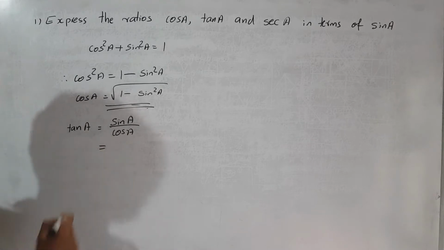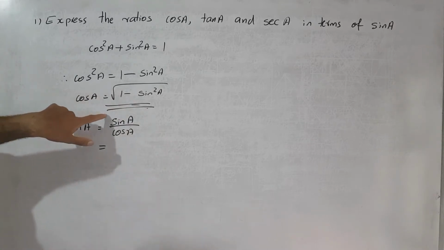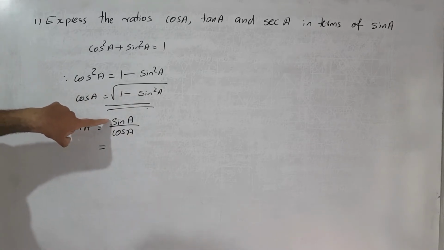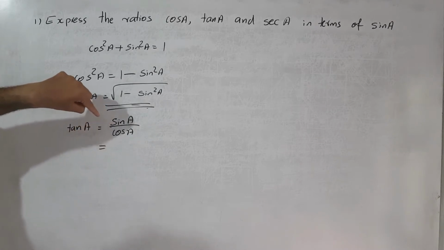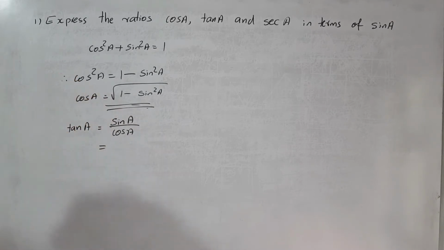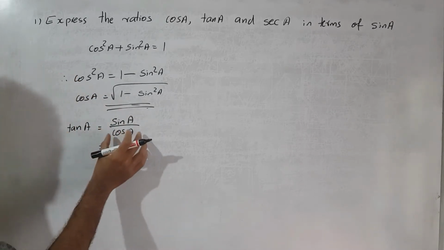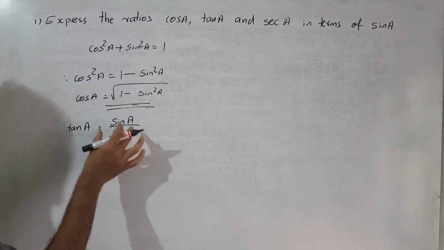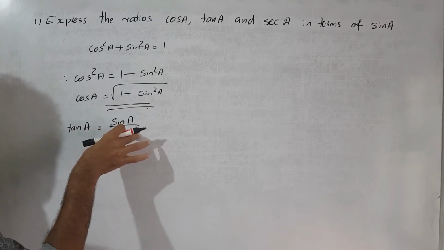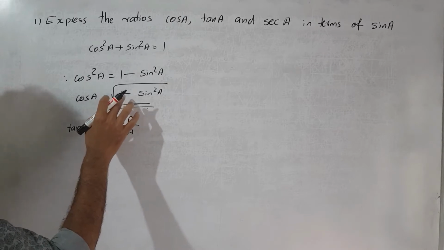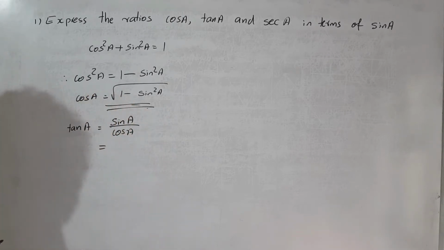The numerator is already in the form of sine, so no need to change the numerator. Next we want to convert cos. How do we write cos in terms of sine? Cos A is equal to root of 1 minus sine square A, correct?